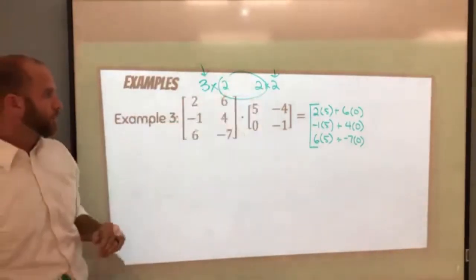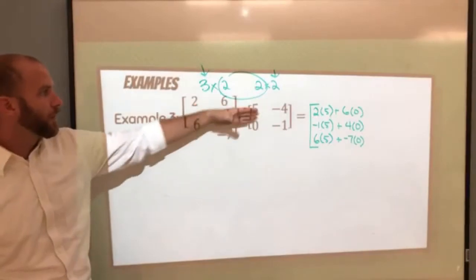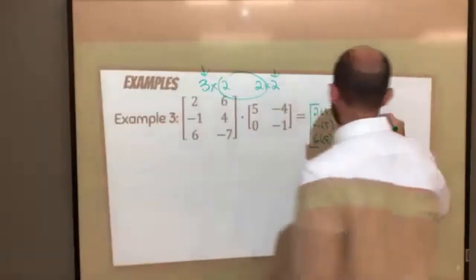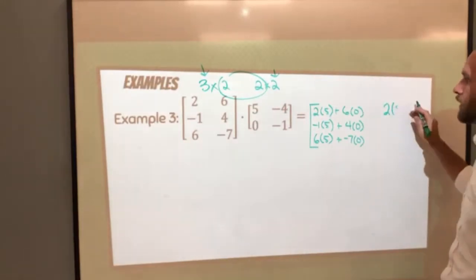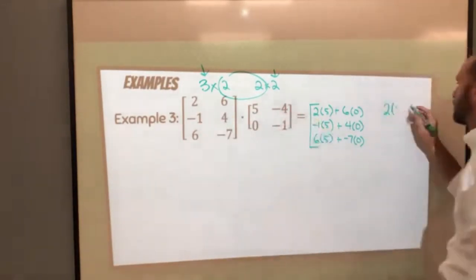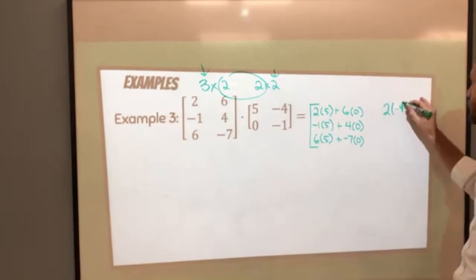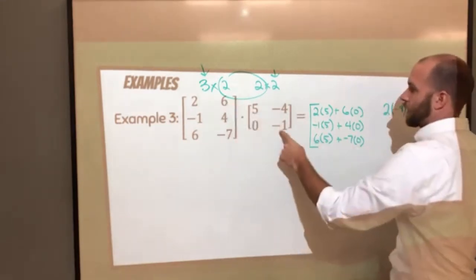For our second column in our resulting matrix, we're going to do the first row by the second column. So we're going to have 2 times negative 4 plus 6 times negative 1.